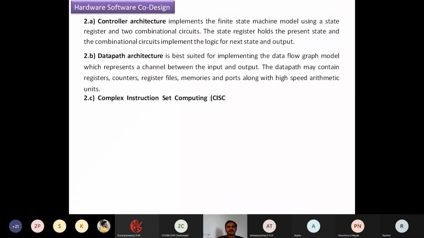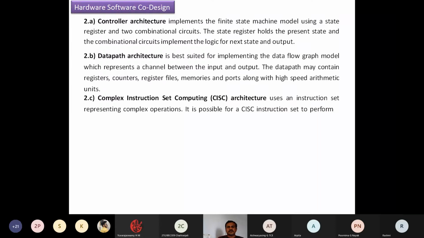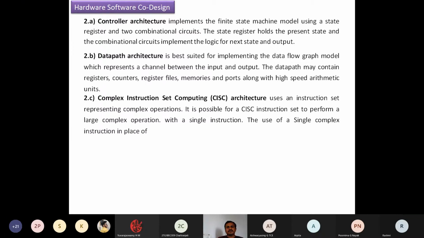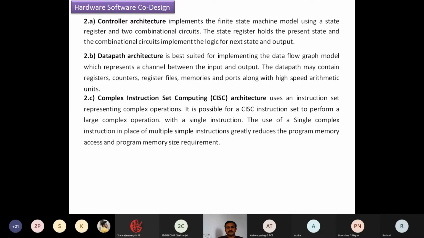The complex instruction set computing, obviously we had a discussion about this RISC and CISC in the previous session. So here we may choose a complex instruction set architecture, which uses an instruction set representing complex operations. So it is possible for CISC instruction set to perform a large complex operation using a single instruction.